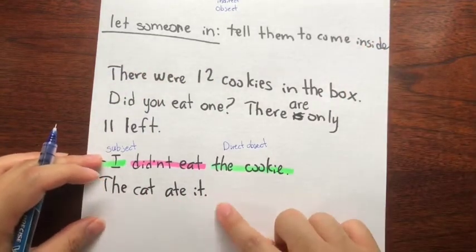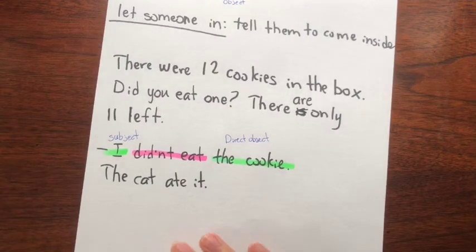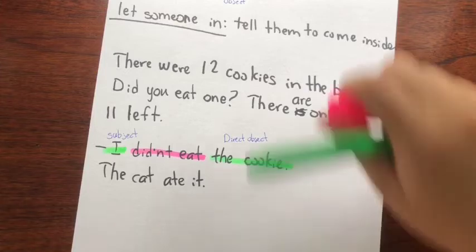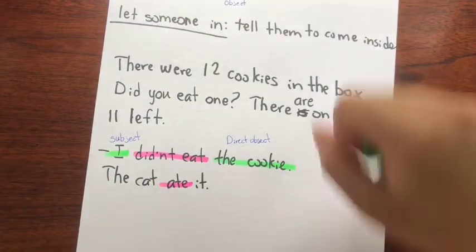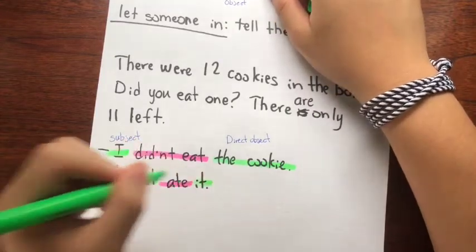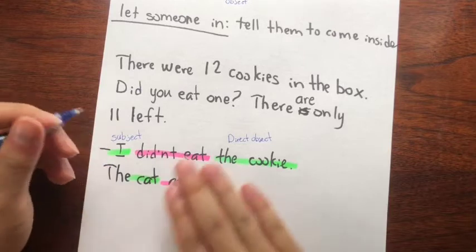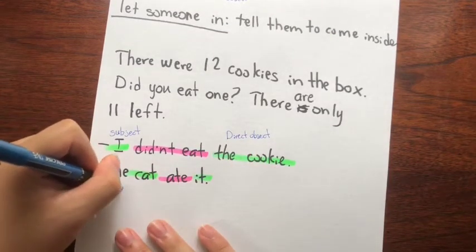The cat ate it. Okay, so let's identify the words here. The verb is ate. The nouns are cat and it. Who ate? The cat ate. So the cat is the subject.